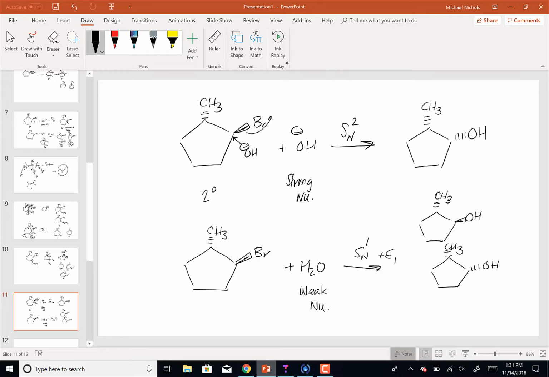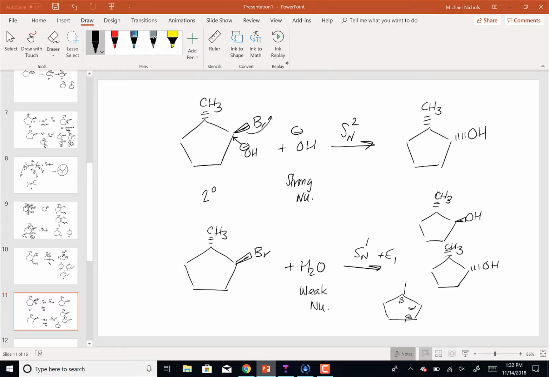And we'll just leave it at that. E1, what's the major E1 product, without rearrangement? Where's the double bond going to go? Here's my alpha carbon, so it's got to go between the alpha carbon and either the top beta carbon or the bottom beta carbon.